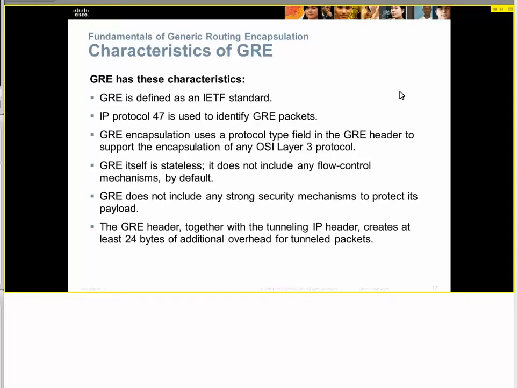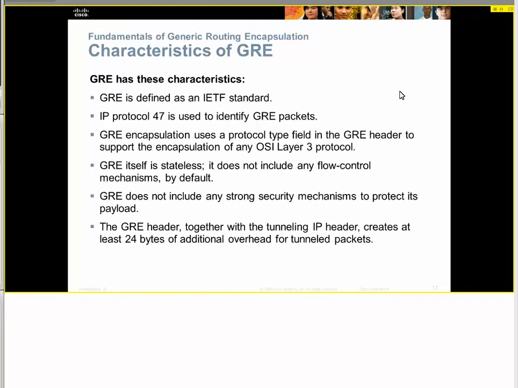GRE encapsulation uses an additional protocol type field to support the encapsulation of any layer 3 protocol. We talked about that. Not only IP, but IPX, AppleTalk, SNA, or whatever it happens to be. GRE is stateless, which means it's a typical layer 3 protocol. Stateless means no flow control, no packet control, no sequence control.